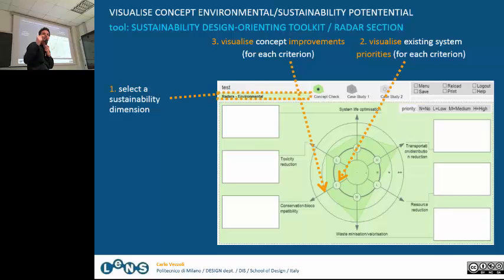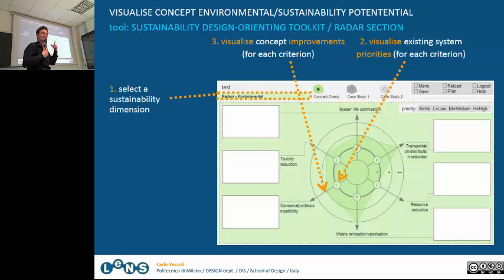If we have one criteria with a high priority, in this case it's going quite well, but let's say that waste minimization was with a high priority, but we have no improvement, it means that maybe we have to go back and rethink something about our system.